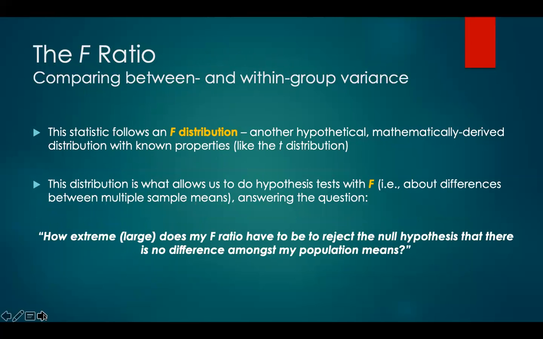This statistic follows an F distribution, another hypothetical mathematically derived distribution with known properties like the t-distribution. And this distribution is what allows us to do hypothesis tests with F, so about differences between multiple sample means, answering the question, how extreme or large does my F ratio have to be to reject the null hypothesis that there is no difference amongst my population means?